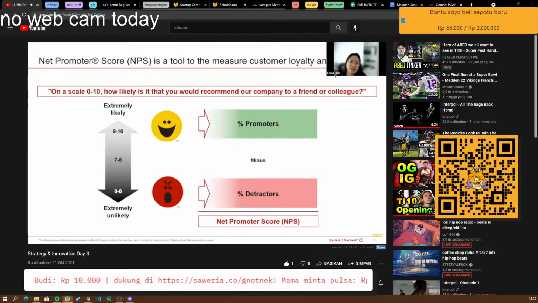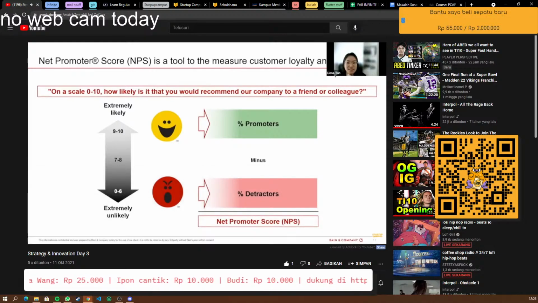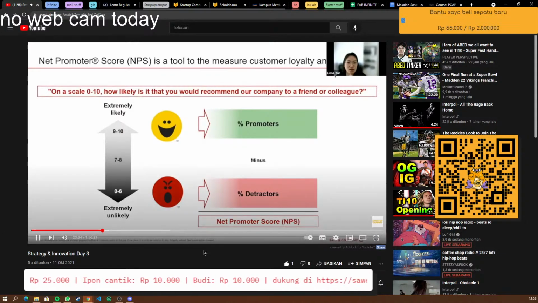Jadi this is sometimes for companies also as they think about their customer strategy, they will look at how happy is their customer base, right? How loyal. And this is what you can do once you have the data, right? Let's say you have 10 people, yang bilang 9 to 10 mungkin 4 ya, yang bilang 0 to 6 maybe is 6, right? So 40% minus 60%, that's your score, right?